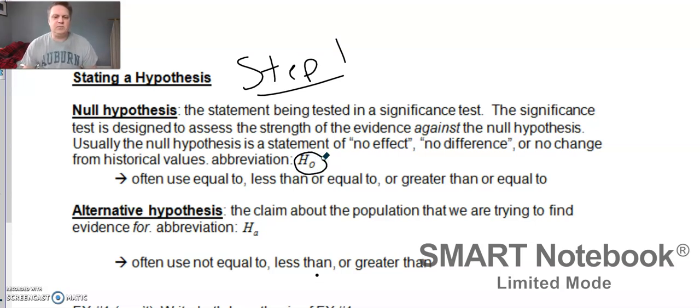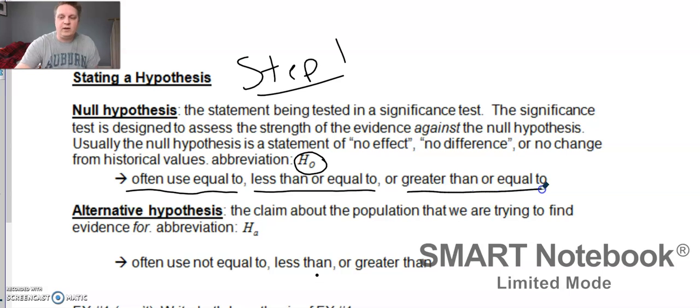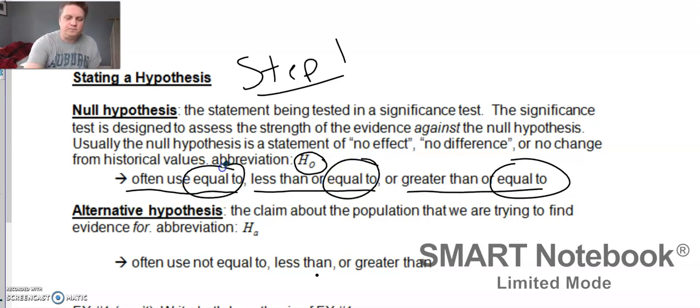Okay, that's the abbreviation. Now, we have to use inequality symbols: equal to, less than or equal to, greater than or equal to. So the null hypothesis has some sort of equal to in it. That's how you know it's the null hypothesis, okay?